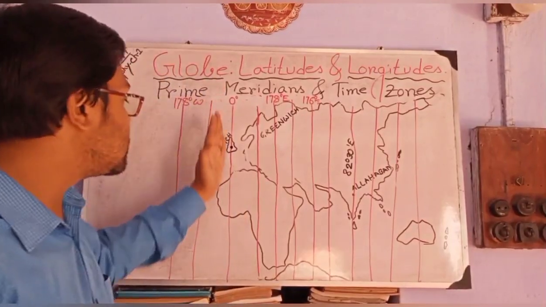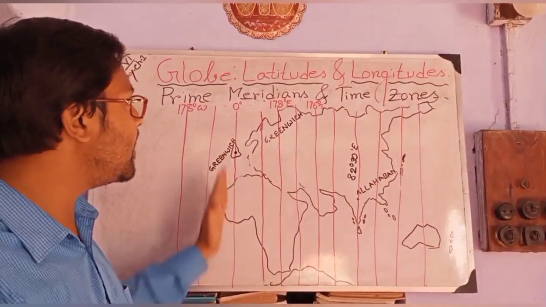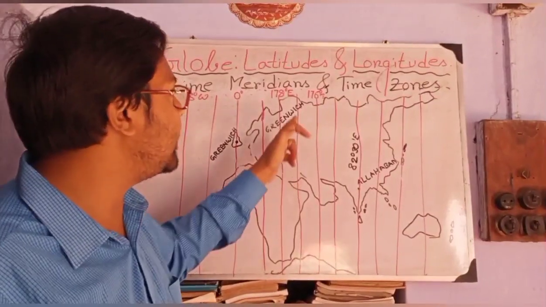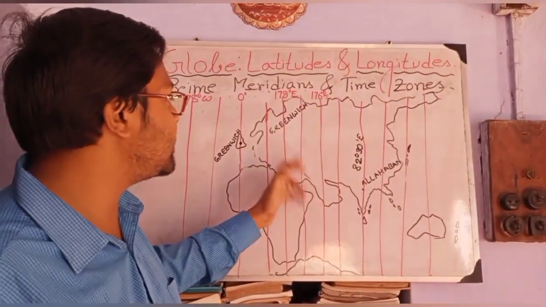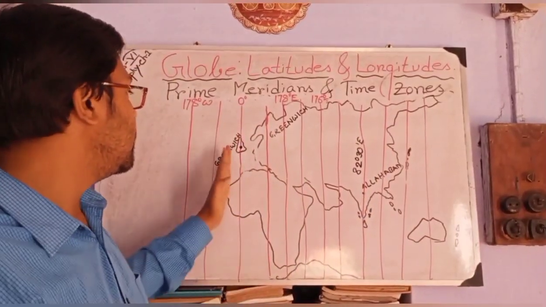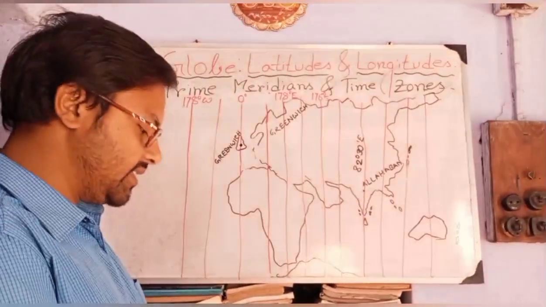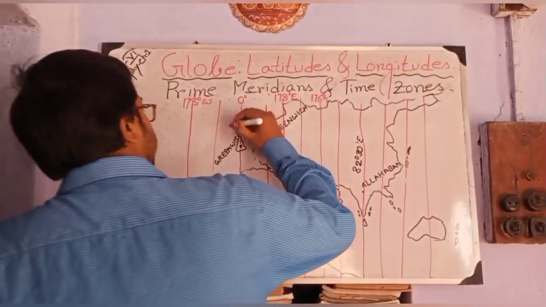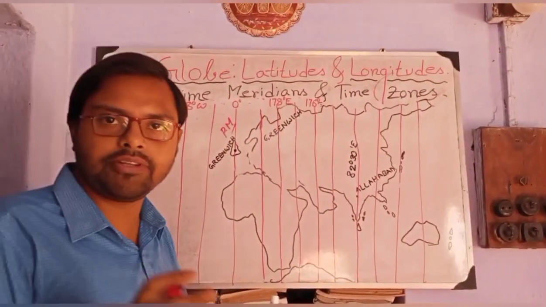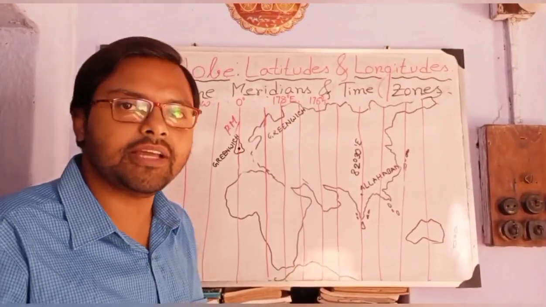From this 0 degree meridian towards the east, there are 1 degree, 2 degrees, up to 177, 178, 179 degrees, like this towards the east. And from this 0 degree meridian, this is the PM, or prime meridian, not prime minister. This is the prime meridian.